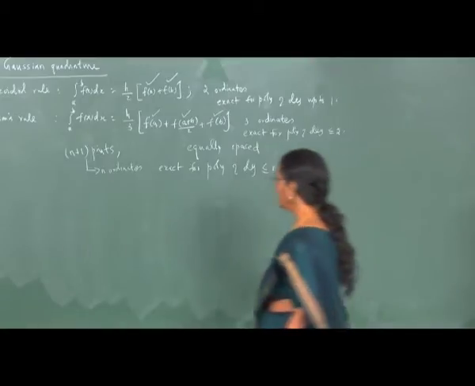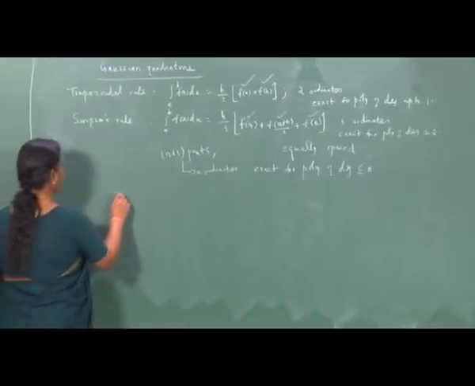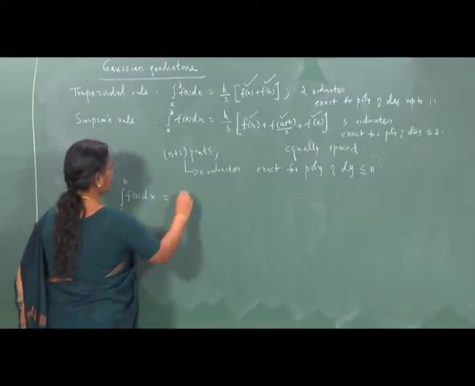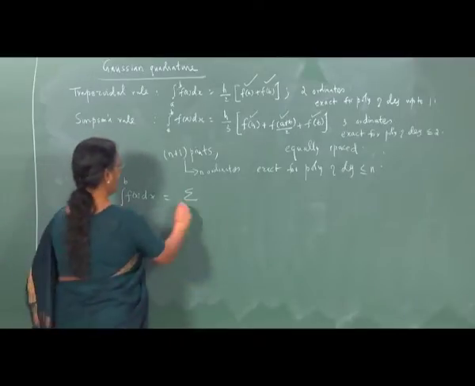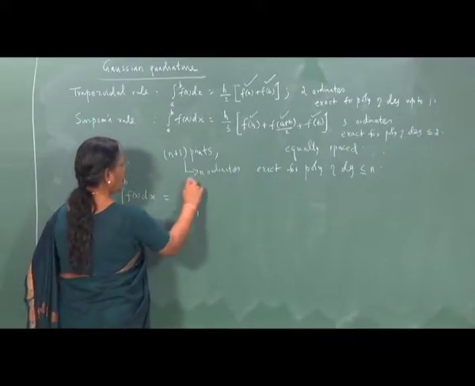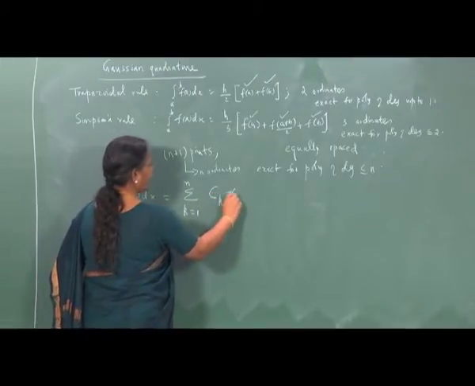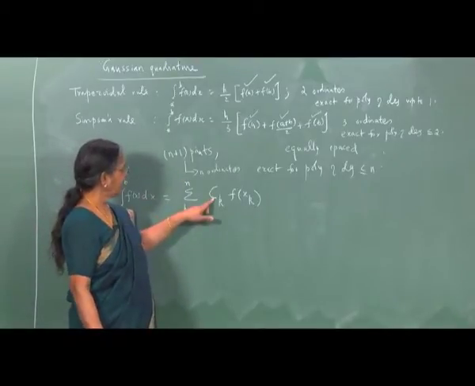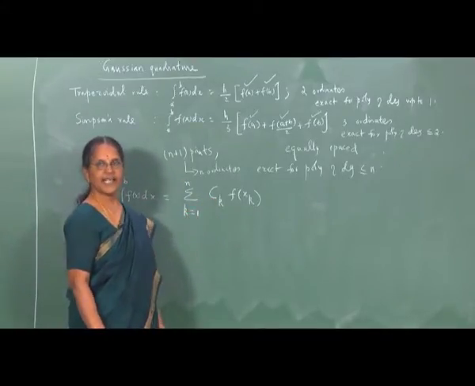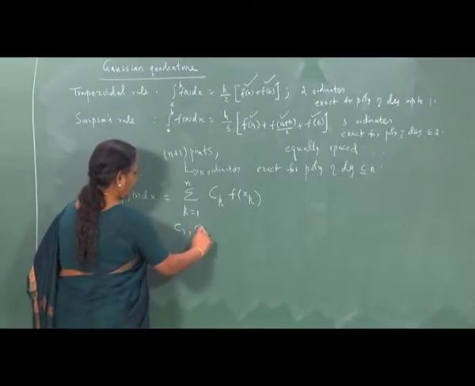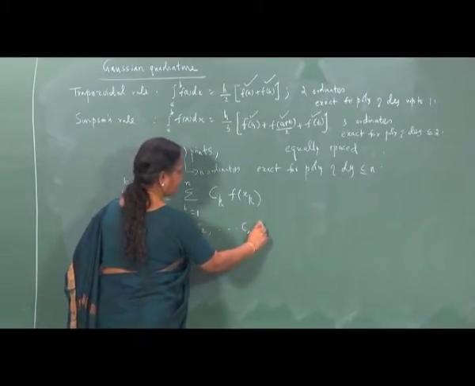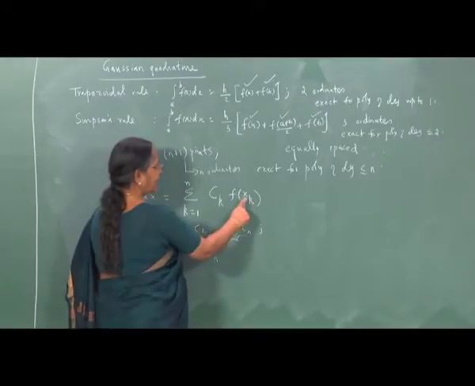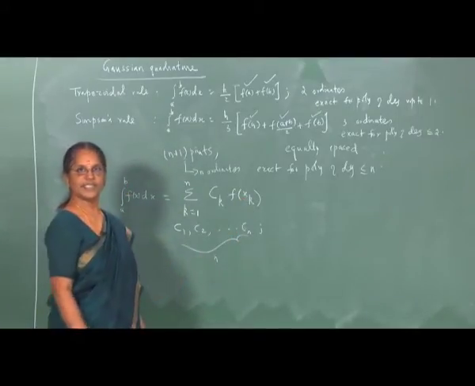So, he said that one can obtain integration methods of the form integral a to b f of x dx, which is of the form sigma k equal to 1 to n c_k f of x_k. So, k runs from 1 to n. There are n unknown constants c_k, which are c_1, c_2, etc., c_n. In addition, we have the x_k's, which are also not known to us.